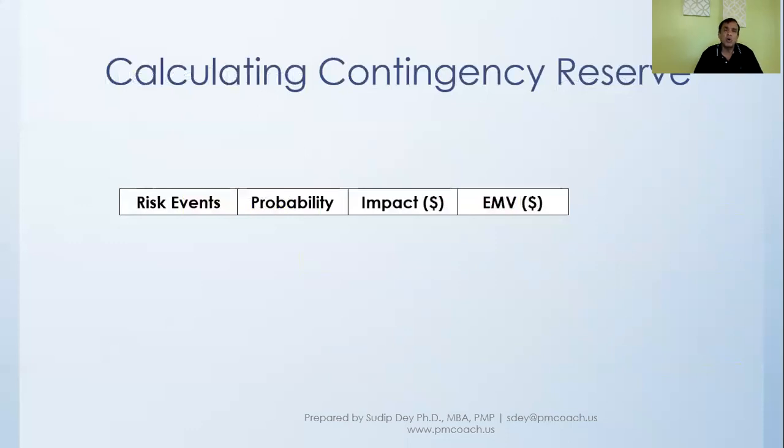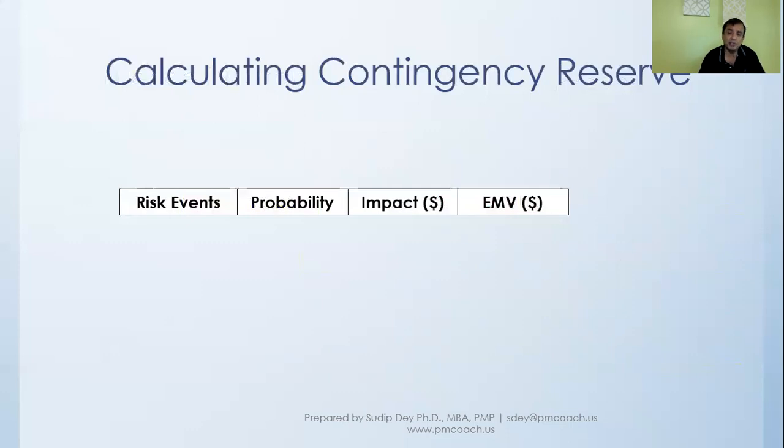We said that contingency reserve is something we can put within our schedule baseline. To have it in a schedule baseline, we have to be able to calculate the amount that we need to put in. And this is what we'll do now, again, through the expected monetary value calculation that you have done just now.